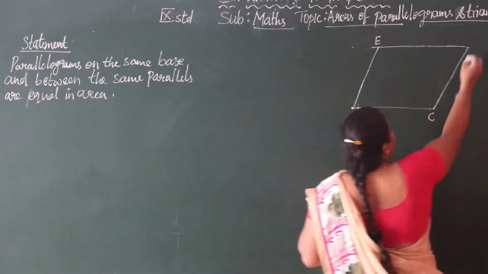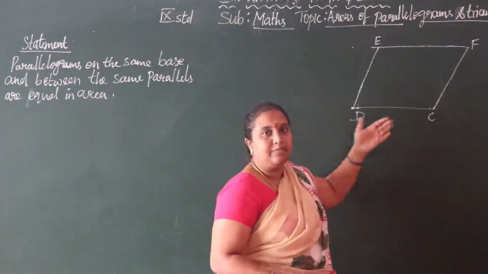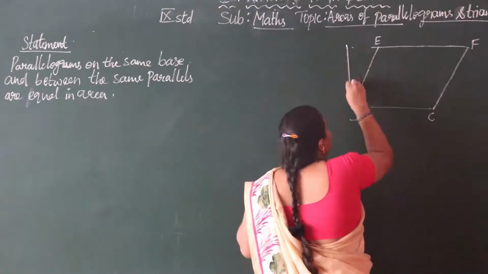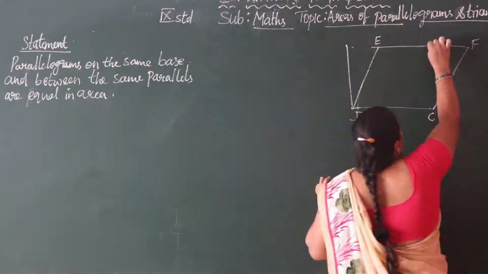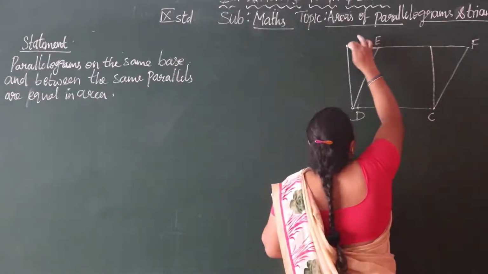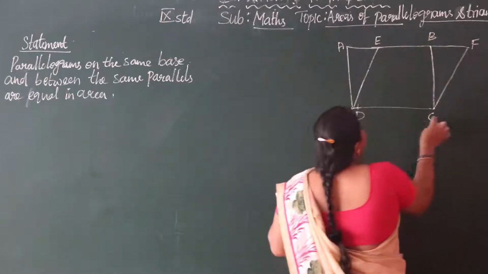EDCF is a parallelogram with base DC. And one more parallelogram we have like this, that is ABCD.